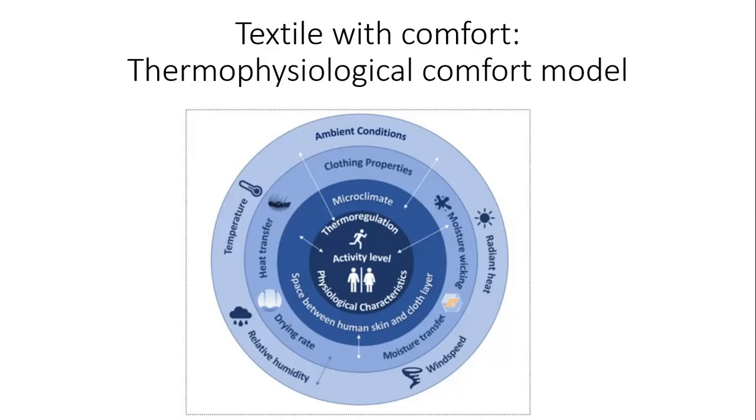So if you clearly look at this circle, in my inner circle, I have included activity level. It is because this activity level basically decides the physiological characteristics. Thermal regulation is necessary. Why do humans sweat? Humans sweat because it is the natural way of body heat management.